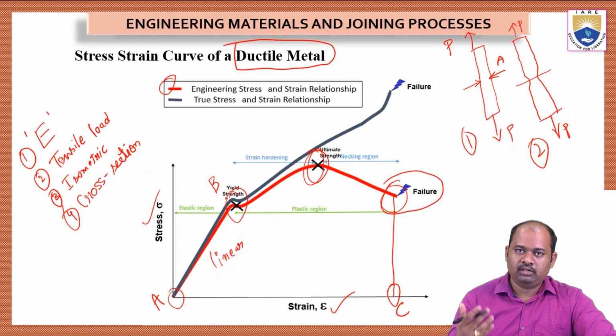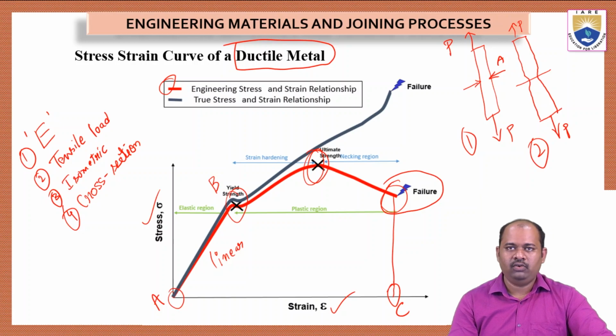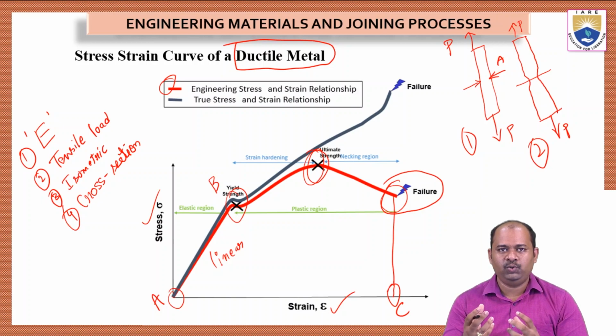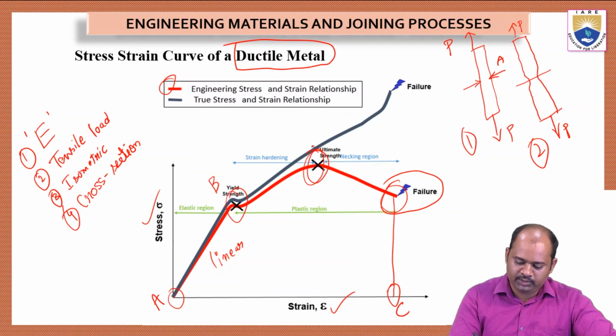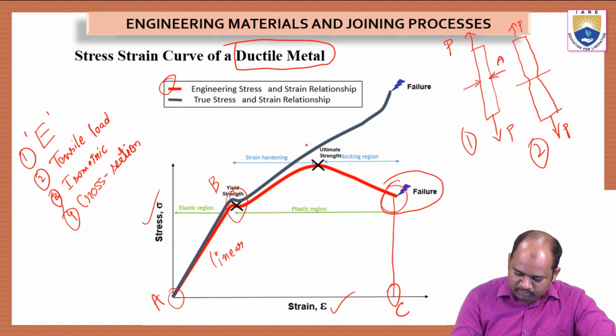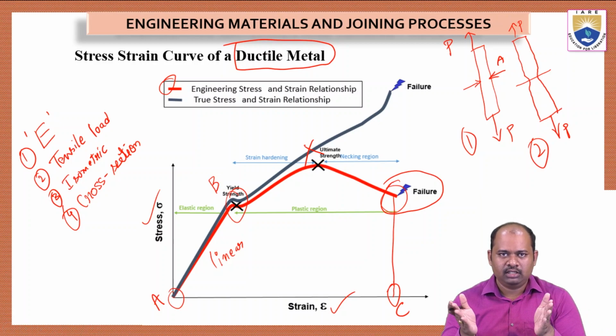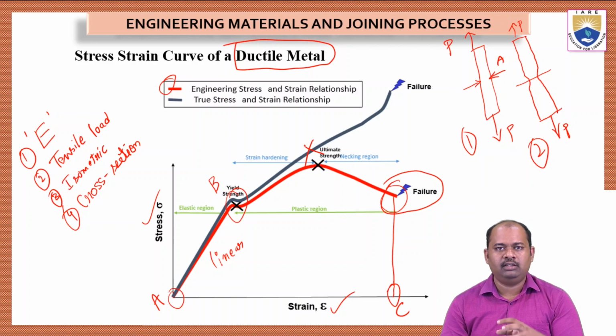After increasing the load, the cross sectional area will try to decrease. Now at this lower cross sectional area, the body is still able to bear the load. When we see the formation of necking, at this point the necking will be seen. From this area, the decrease in the cross sectional area will be seen. Even though the body is reducing its cross sectional area, it is still able to bear some more load.